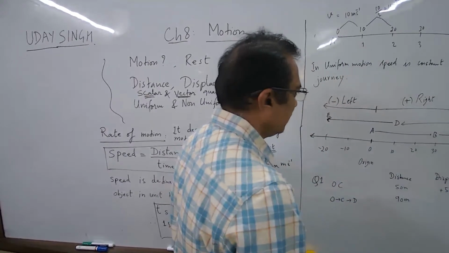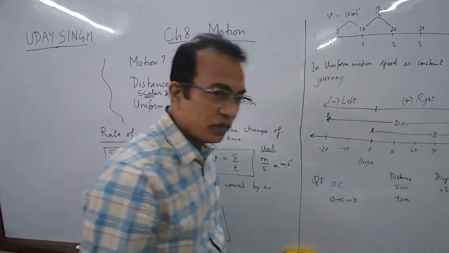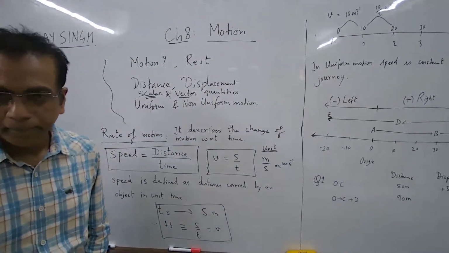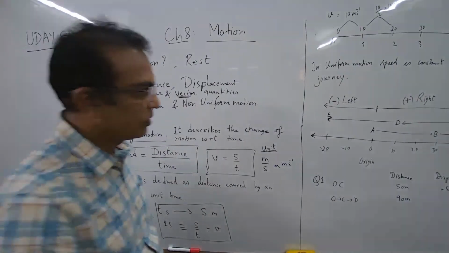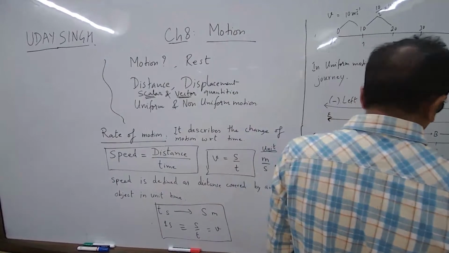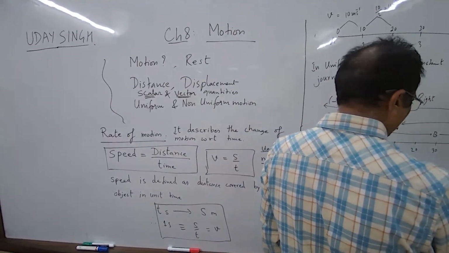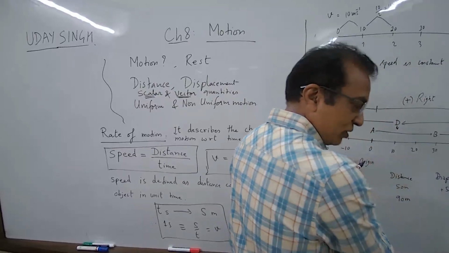Displacement is 10. How? How do you define displacement? Shortest distance, so final position minus initial position. What is the final position at D? 10. So 10 is the final position, right? And what is the initial position? 0. Very good.